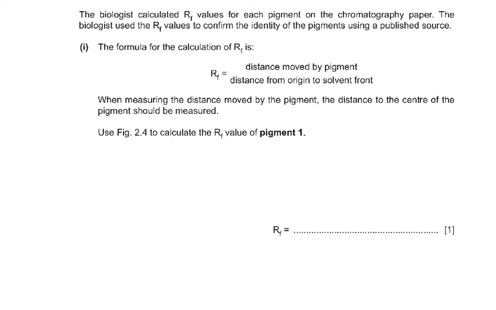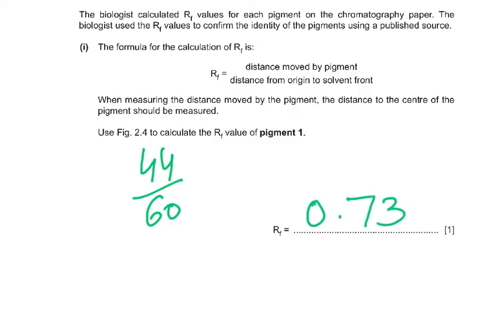That is a very simple 44 out of 60, and the answer, as everybody knows, is 0.73. So this was a bit of maths which they were expecting you to do. So 44 out of 60 and 0.73.